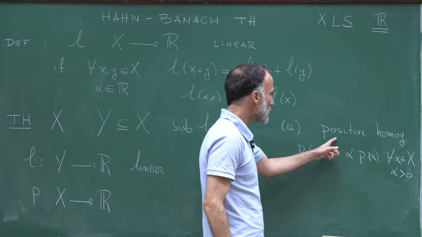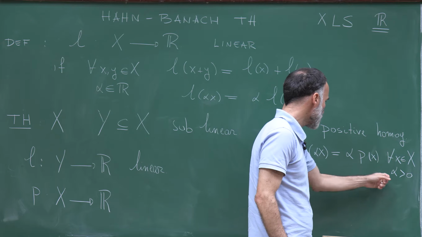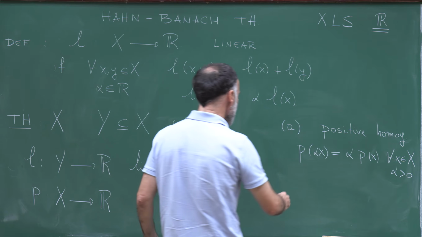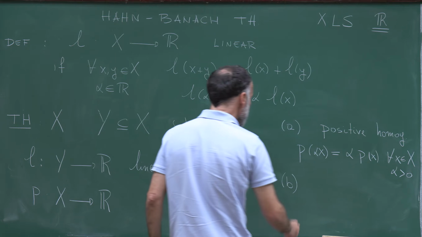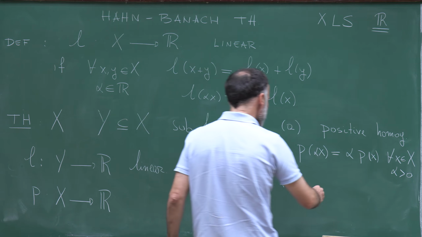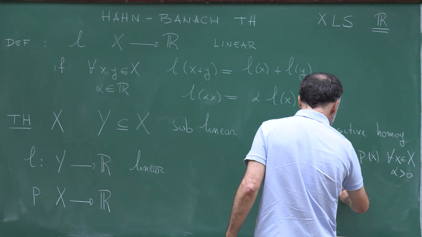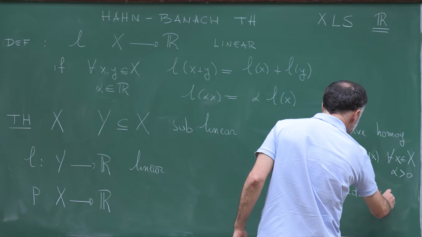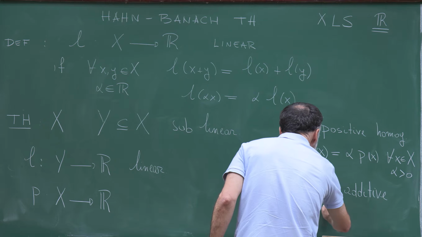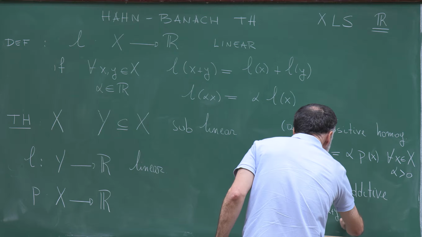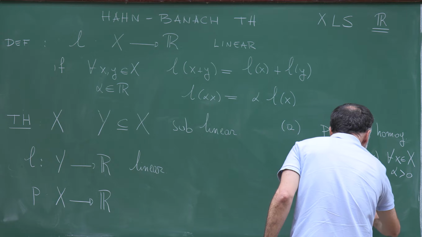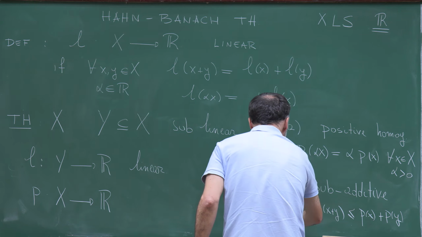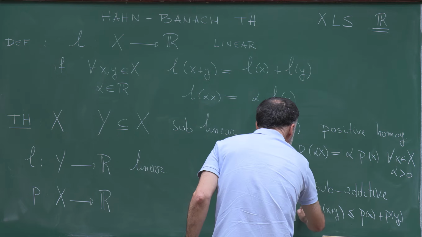It's positive homogeneous because here I'm requiring the identity only for positive alphas. And then the second condition is that P is subadditive, which means that P(x + y) is less or equal than Px + Py for all x and y in X.